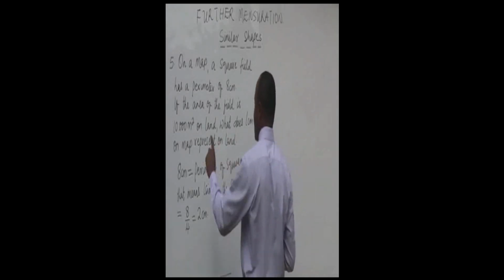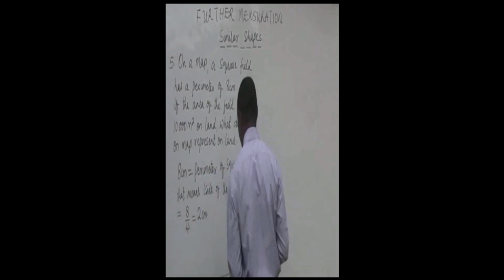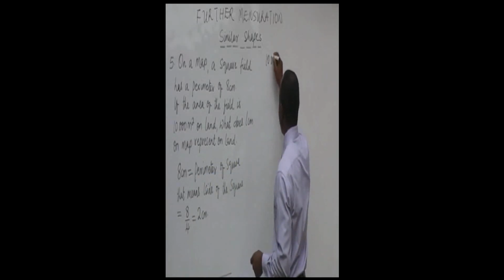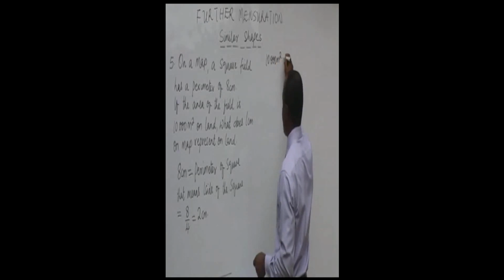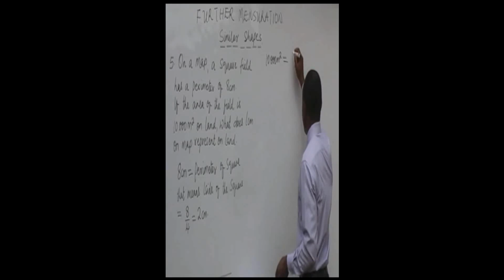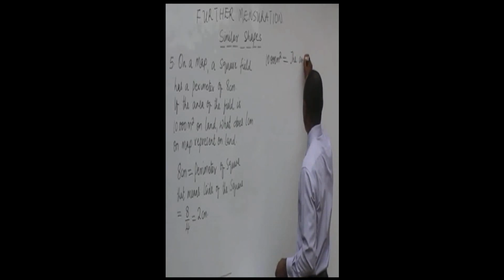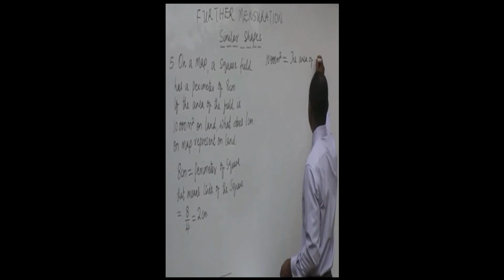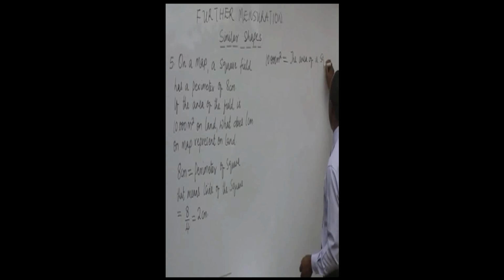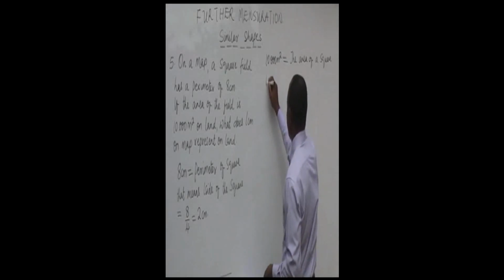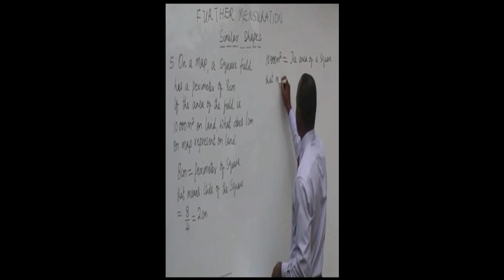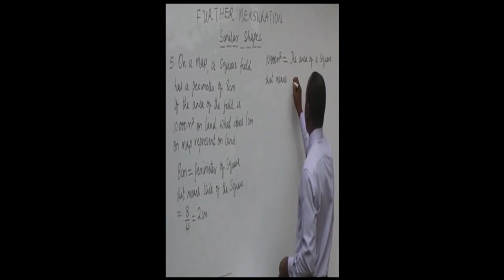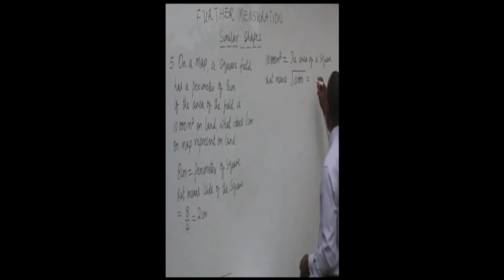Likewise, if the area of the square is 10,000 meters squared, it means the square root of 10,000 is one side of the square.